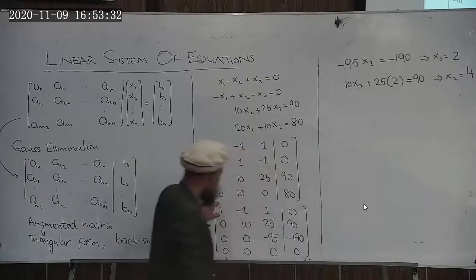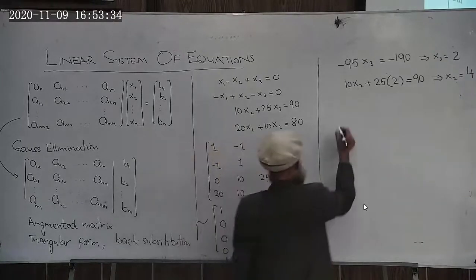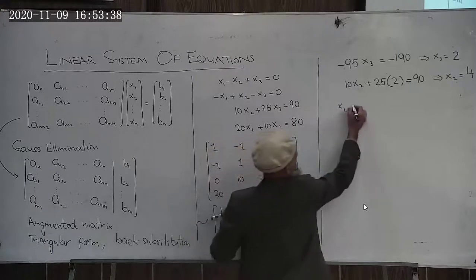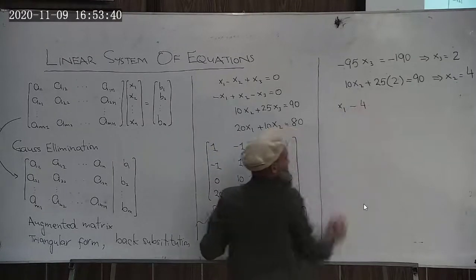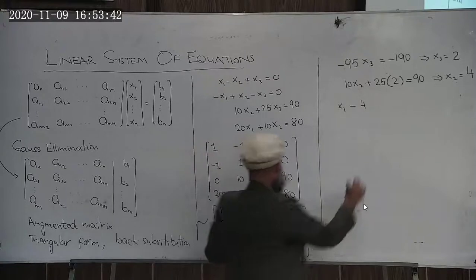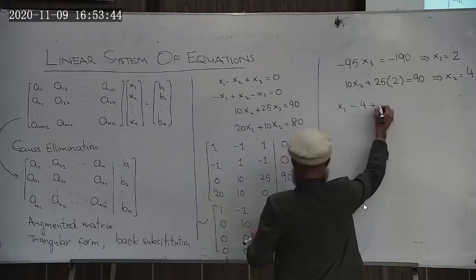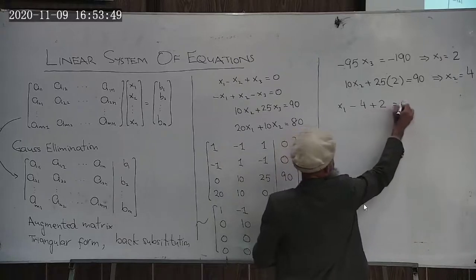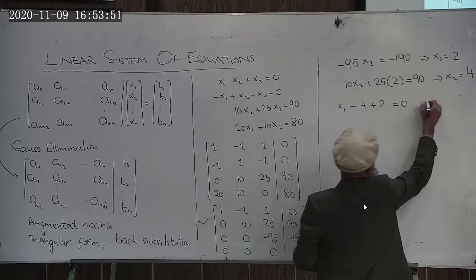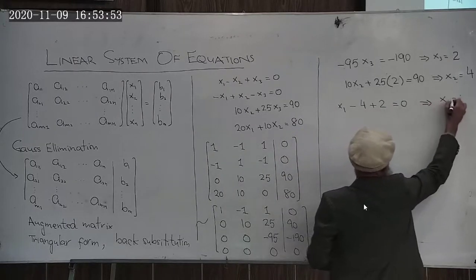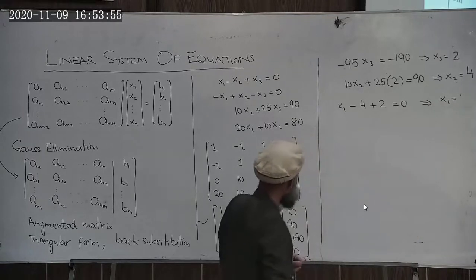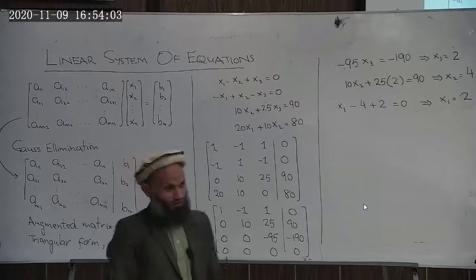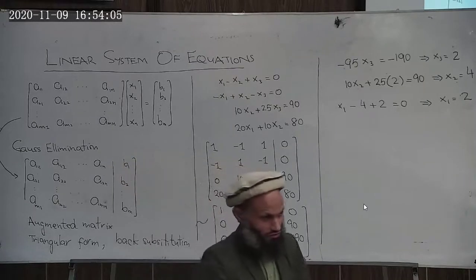And from the first row, we have x1 minus x2, we have already found x2, plus x3, that is equal to 0, and from here we have the solution x1 equal to 2. So that is the solution to this system of equations.